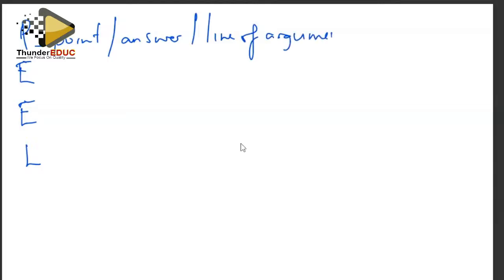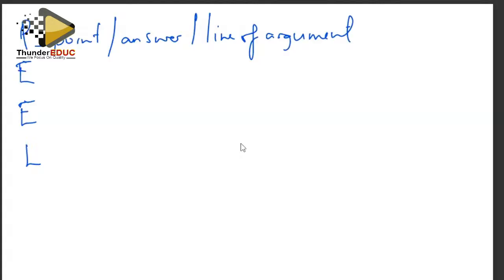Write a P for a point, or an answer to the question, which is your line of argument. You must give a clear answer to the question first. Give an independent answer or respond directly to the question before you explain anything. That is your first part.